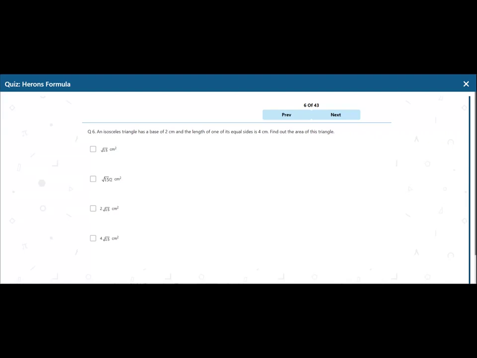So the area is half base into height, root 15 centimeters square. Correct, Shweta. That's correct.